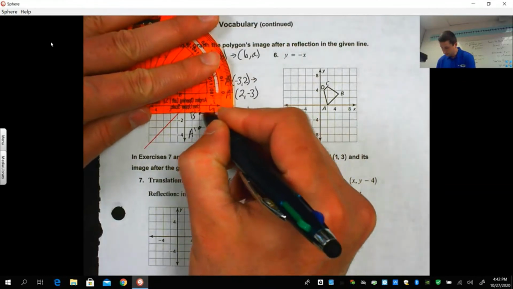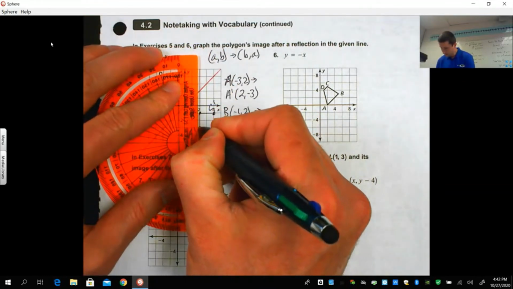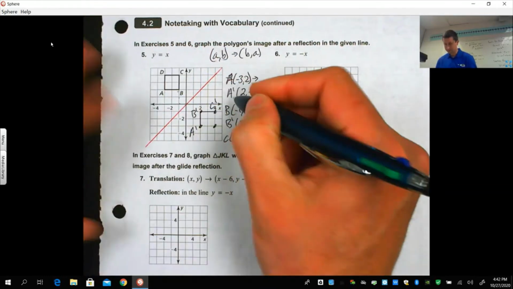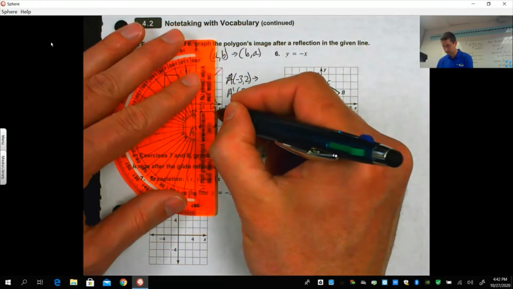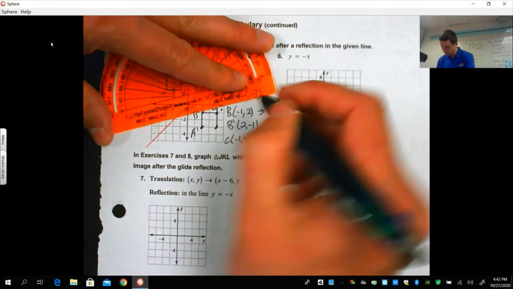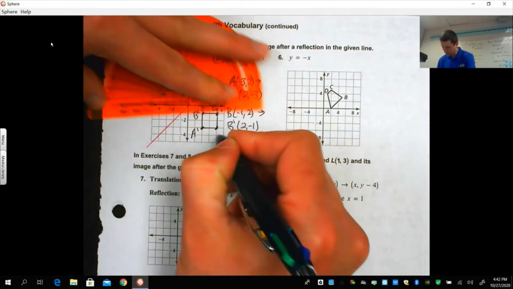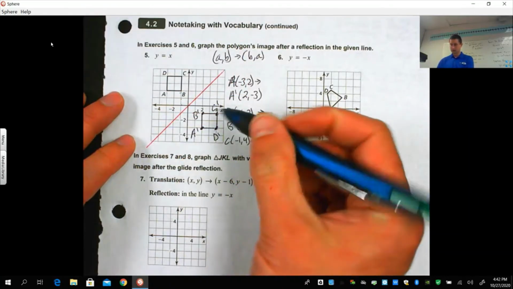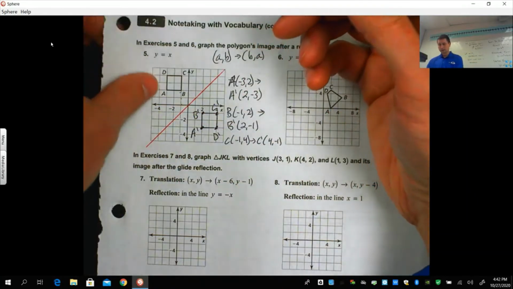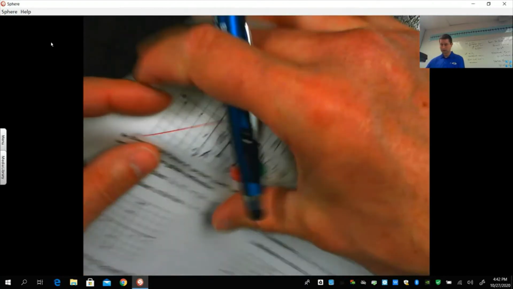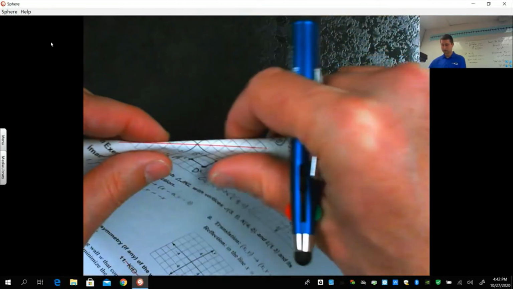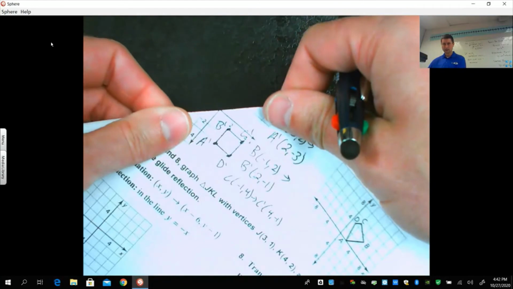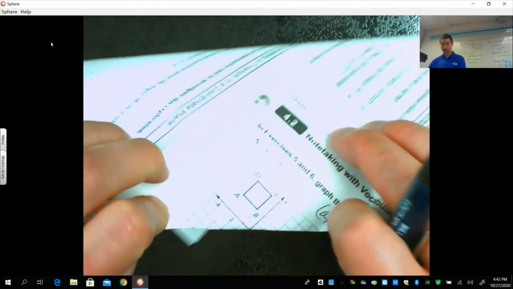And D prime has to be down there. Keep the same size, same shape. That'd be at 4, negative 3. So there's D prime. Okay, looks like a reflection. I could fold my paper over at that point on that line, and they should match up. One side to the other side. Everything should be the same distance apart.